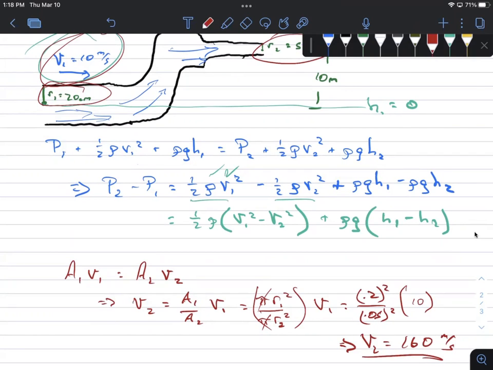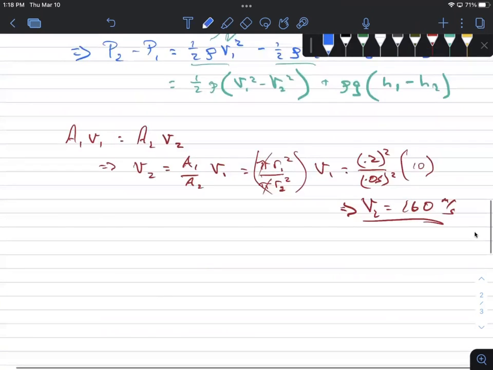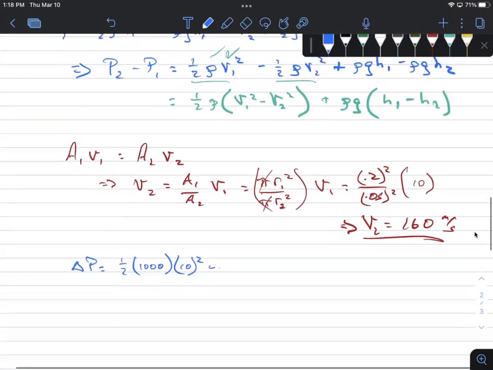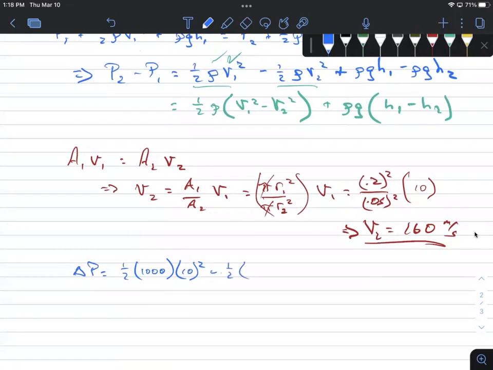Now that I know V2 and I know all the other terms, let's go ahead and plug everything in. So delta P equals 1/2 times rho, which is 1,000, times V1 squared, V1 is 10 squared, minus 1/2 times rho times V2 squared, V2 is 160, plus rho 1,000 times 9.8 times H1.